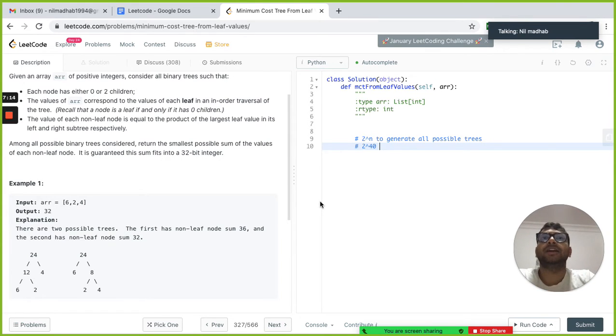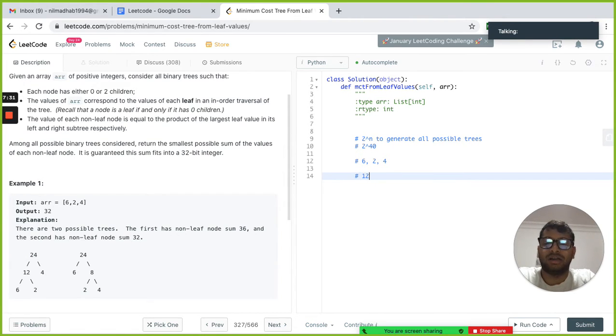So if you take 6, 2 and 4, how many trees can you make from this? You have to make a non-leaf node that is 12, and one can be 8 and one can be 24.